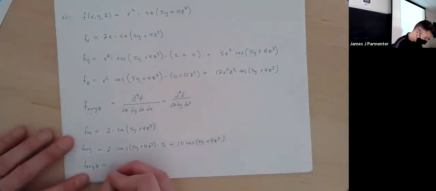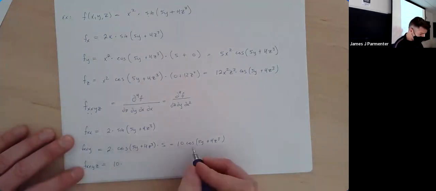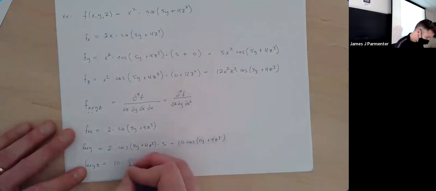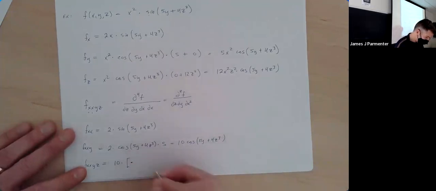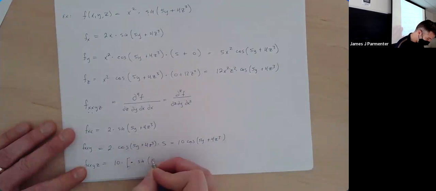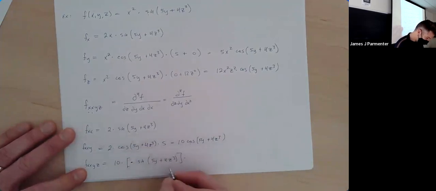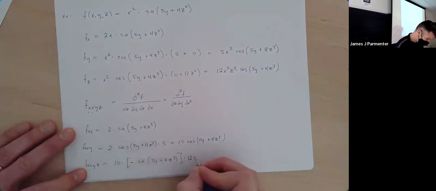But here it's going to be 10 times the derivative of cosine of some stuff, which is, yep, negative sine of the stuff times the derivative of the stuff, which is, right.